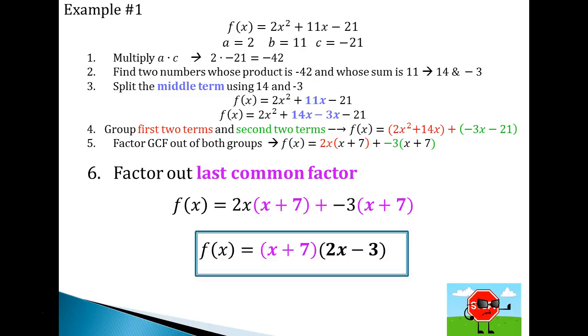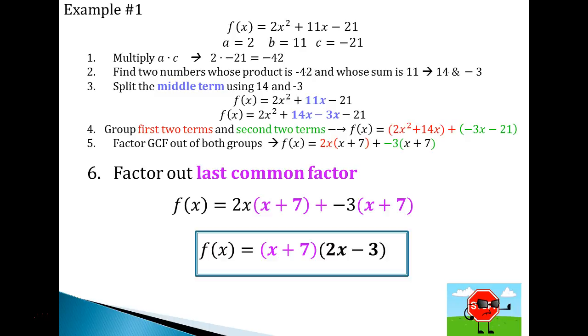I have in my first group 2x multiplied by x plus 7, and in my second group negative 3 multiplied by x plus 7. That means x plus 7 is a factor of both terms in my group, and I can factor it out like any other common factor, and I've done so here.